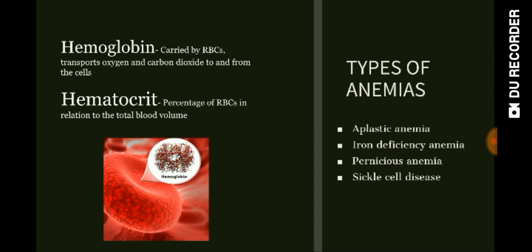The four most common types of anemia are aplastic anemia, iron deficiency anemia, pernicious anemia, and sickle cell disease. I have previously made a full video on sickle cell disease, so in this video I'm going to focus on the first three: aplastic, iron deficiency, and pernicious.